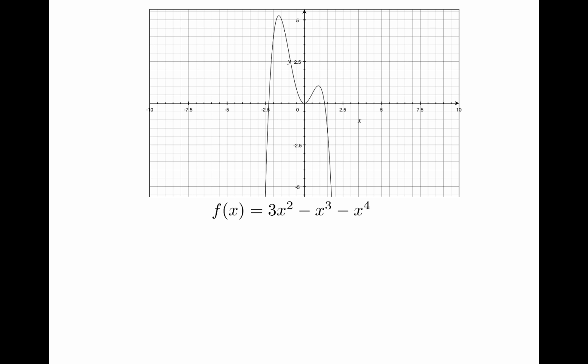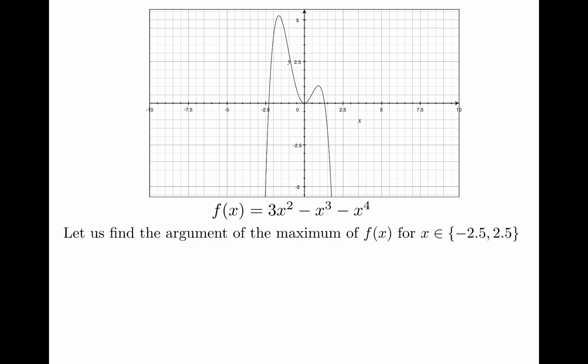So now if we want to find, let's say, the argmax, or the argument of the maximum of f(x) for the range of values of x between minus 2.5 and 2.5, then how do we approach it? Let's say we take some values of x and the values of f(x) corresponding to those values of x, and see where our maximum of f(x) occurs.